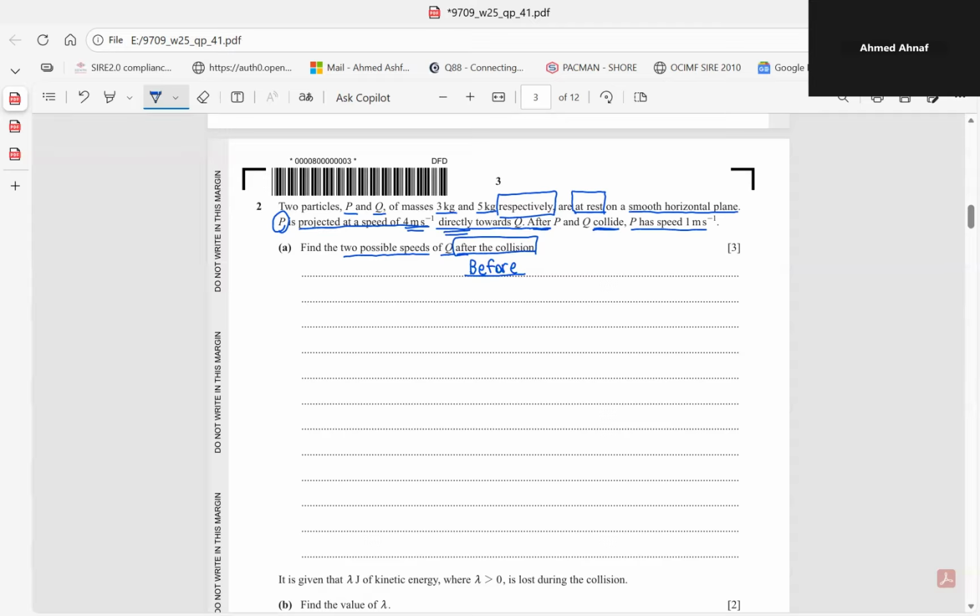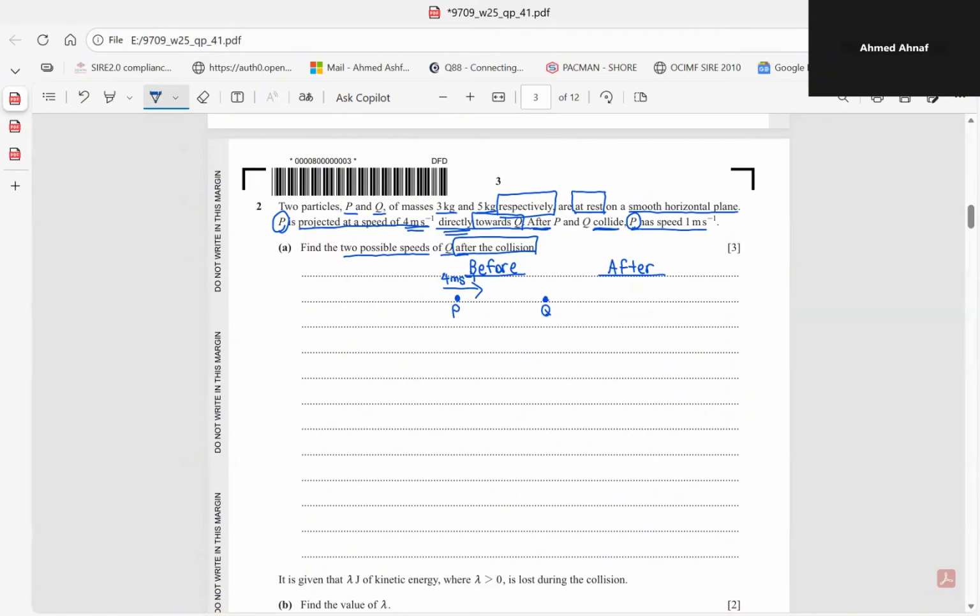Okay. So before, it says that P and then Q. So P is projected towards Q at 4 meters per second. And then Q is at rest. So Q is stationary. And then after that, P and Q collide. P has speed 1 meter per second.